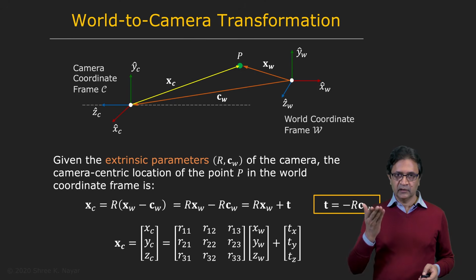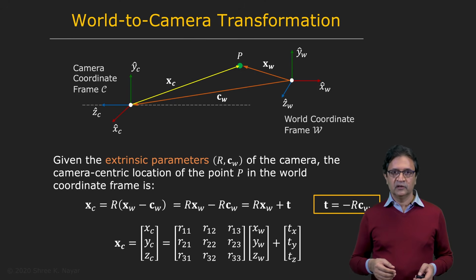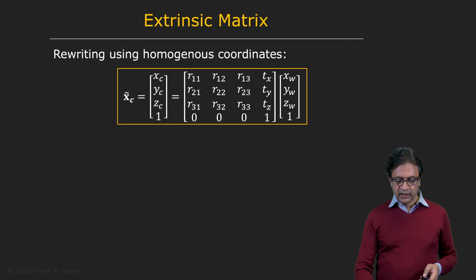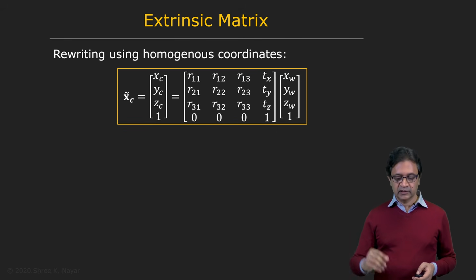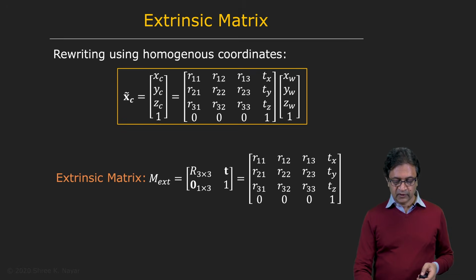For that, we can, again, bump things up using homogeneous coordinates. And now you have a mapping from the homogeneous coordinates of XW to the homogeneous coordinates of XC through a single 4x4 matrix that now includes both the rotation matrix as well as the translation vector.